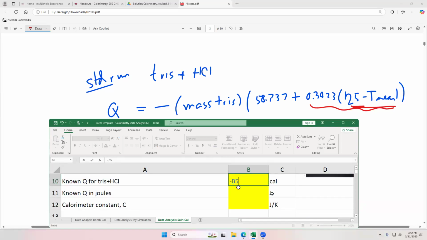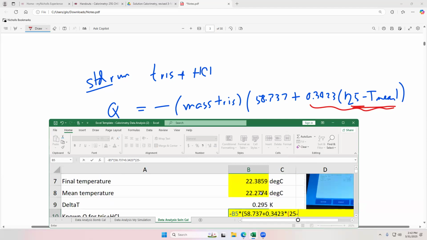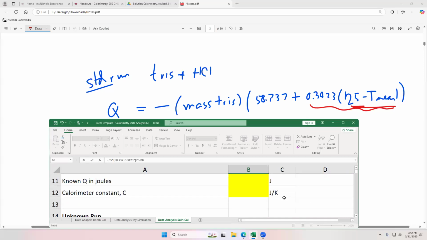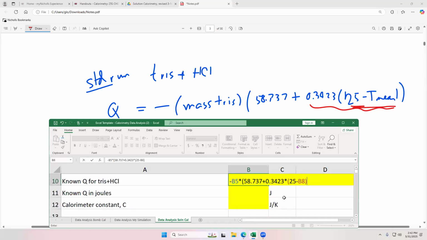It will start with minus, it will work as a formula as well. Times parenthesis 58.737 plus 0.3423 times parenthesis 25 minus the mean temperature, which is 22.2774. Close parenthesis one more time.